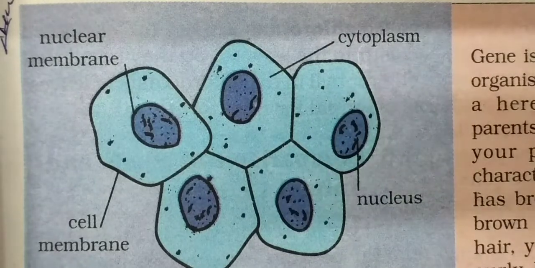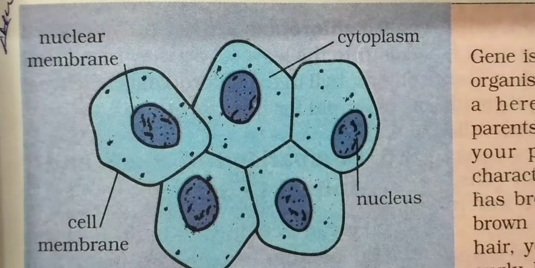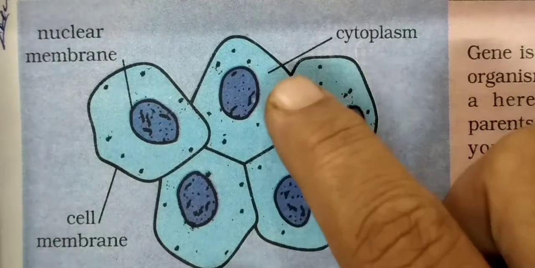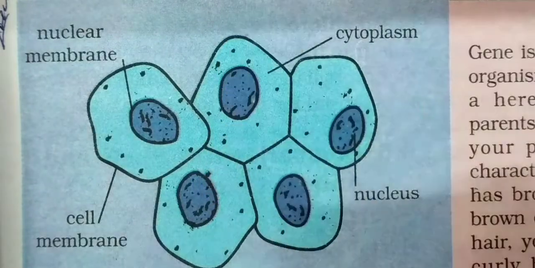So this is the cell membrane, this is the nucleus, and this portion is cytoplasm.